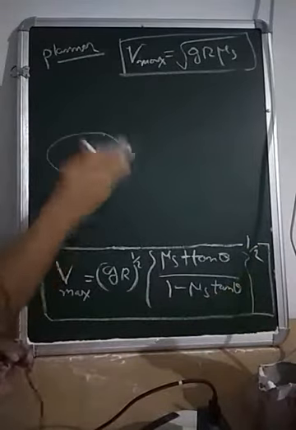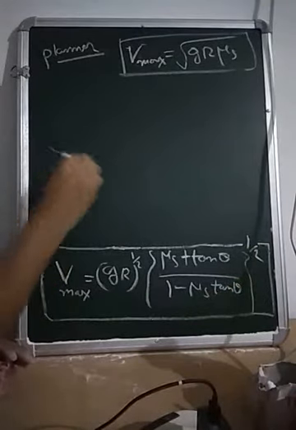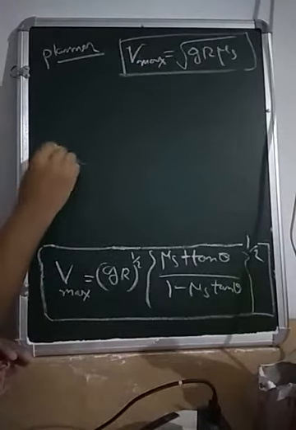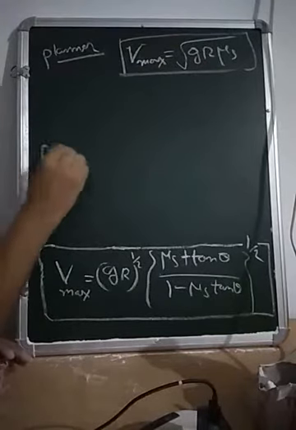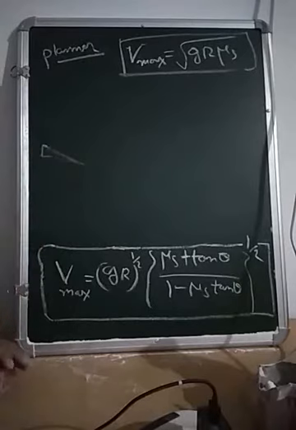For making a circular track we always have to bend the road, or we have to raise the edge of the road away from the center.